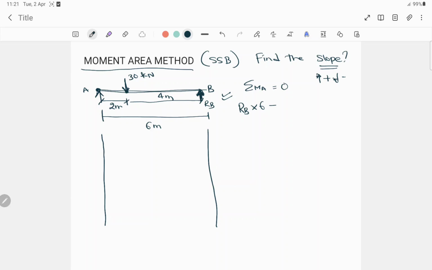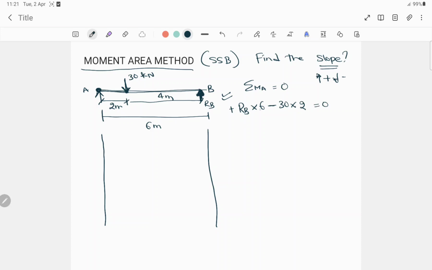It is an upward force, so it will be positive RB into 6. Next, this load is acting downward, so it will be minus 30, and this load covers 2 meter distance to reach this point, that is into 2, is equal to 0.